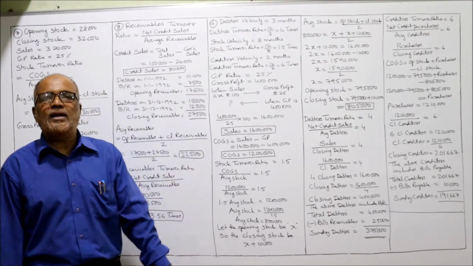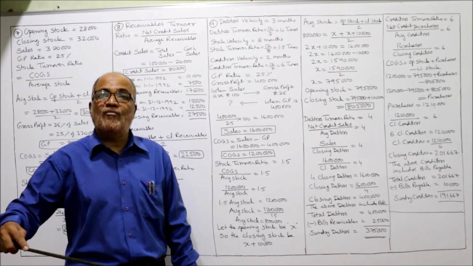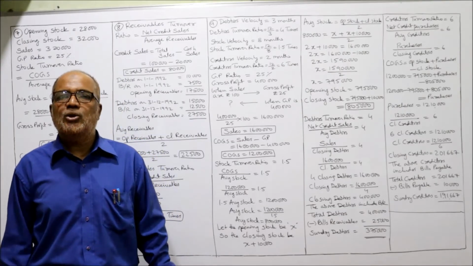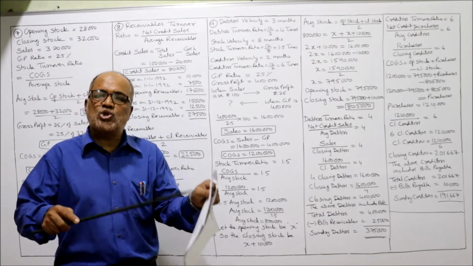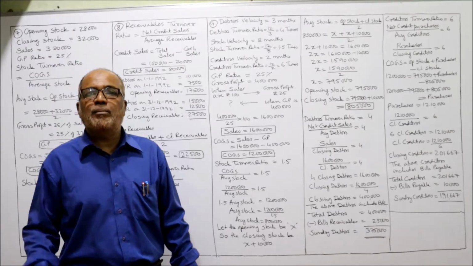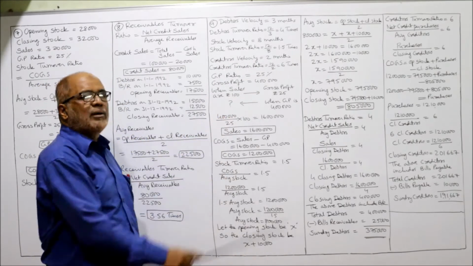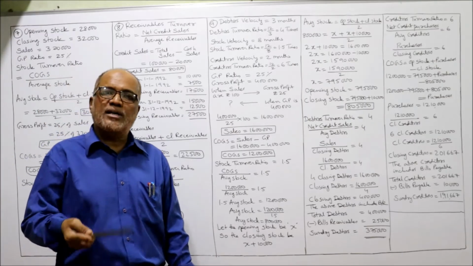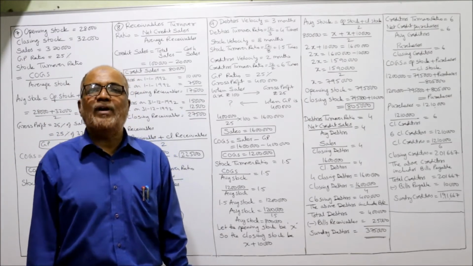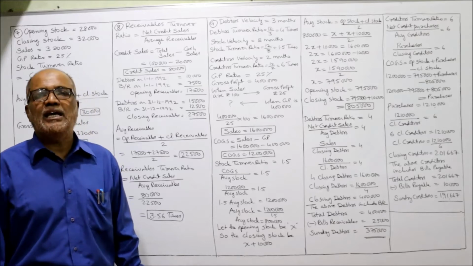Similarly, stock velocity is given 8 months. So we can convert the stock velocity into stock turnover ratio. 12 divided by 8, 1.5 times. That means stock is converted into sales 1.5 times in a year.